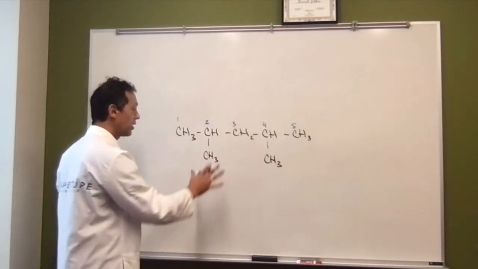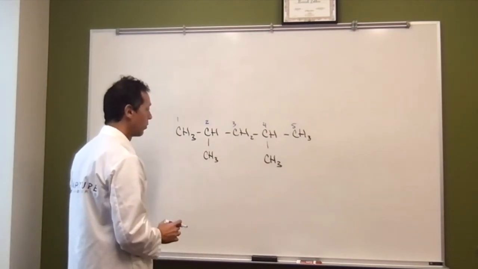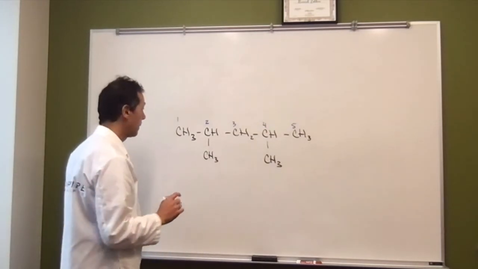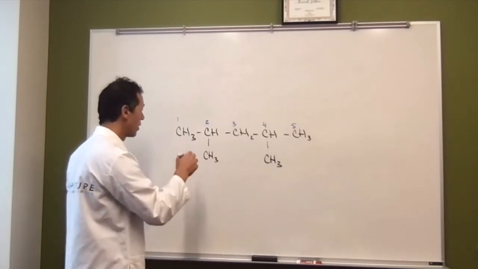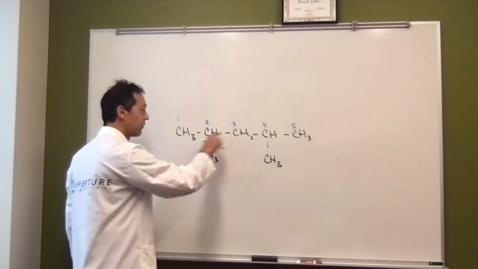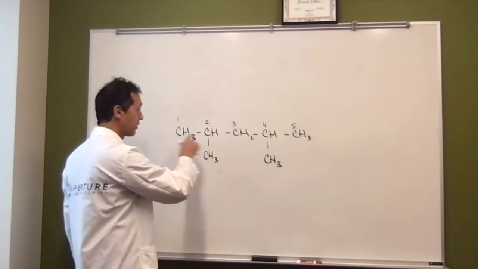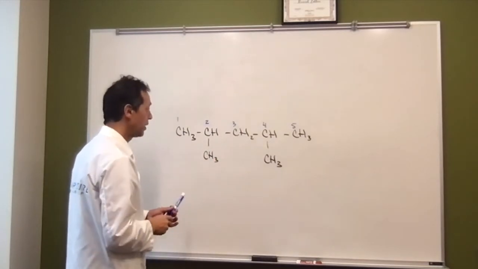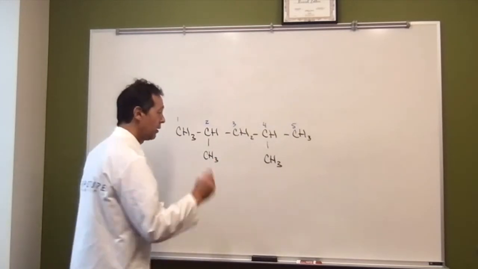Okay, now because we have 2 of these here, we're going to use a little bit of Greek. All right, but let's get started here. We're going to follow our rules up to this point. We need to identify our longest carbon chain. That's 5 carbons. And so this becomes something blah, blah, blah, pentane.